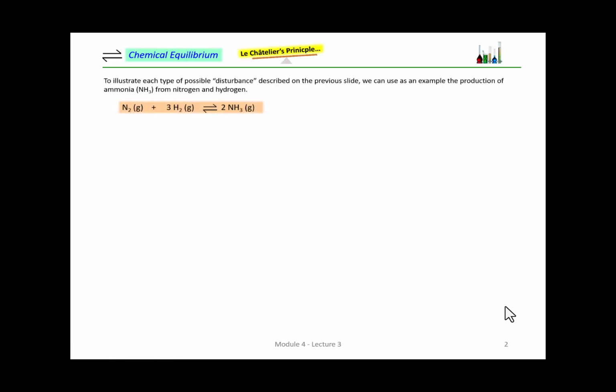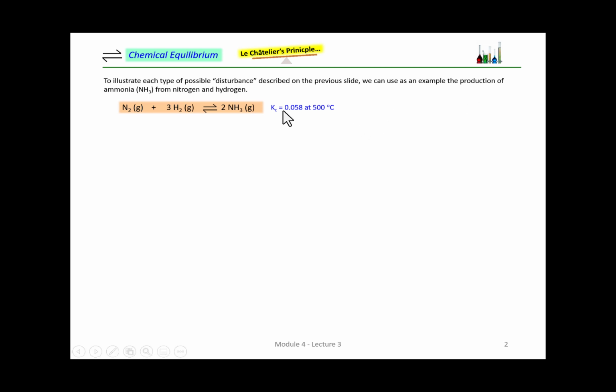Now, to illustrate each of these possible disturbances that we described on the previous slide, we can use as an example the production of ammonia from nitrogen and hydrogen. So nitrogen plus 3 molecules of hydrogen can reach an equilibrium with 2 molecules of ammonia. The Kc for this reaction is well studied and well known.